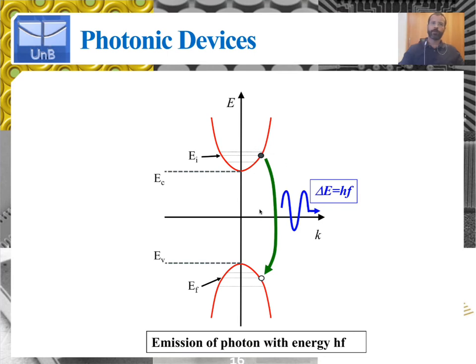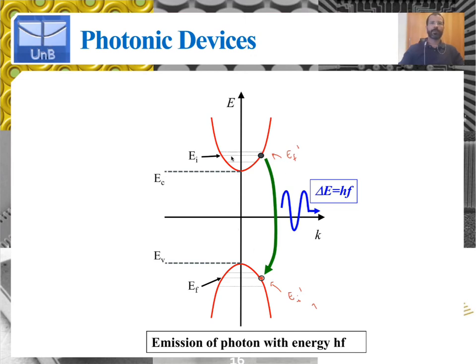But if we reverse the process and consider absorption, now this state here must be filled, so we'll look at the probability of it being filled, and the higher state needs to be empty. But we're calling this now the new initial state, so it will be EI dash for absorption, and this will be the new final state, so EF dash again for absorption.